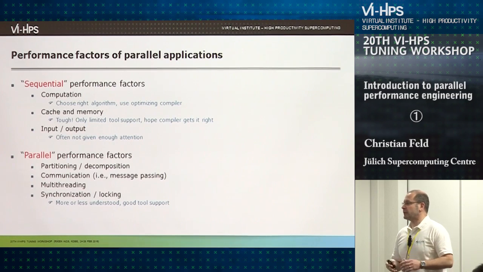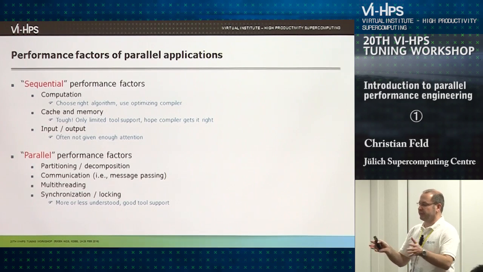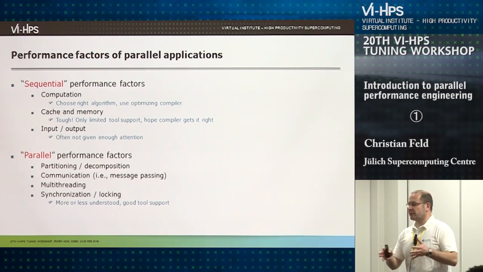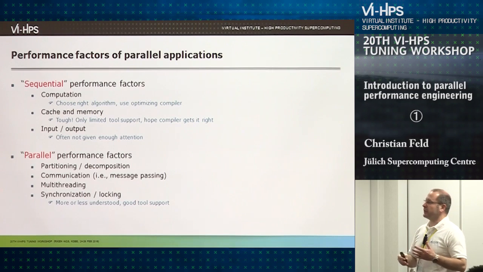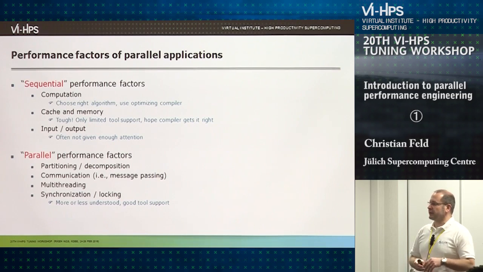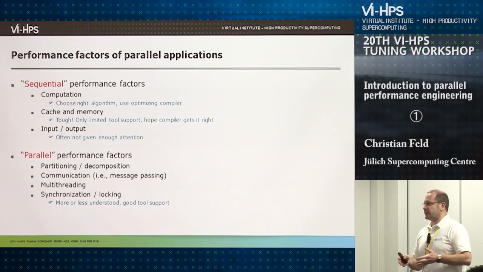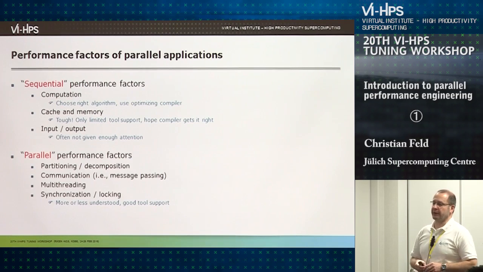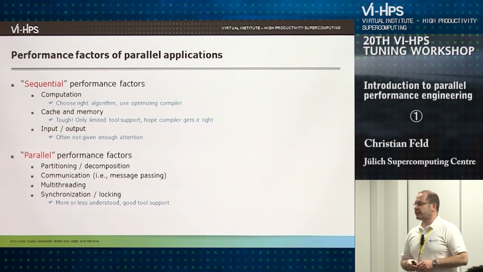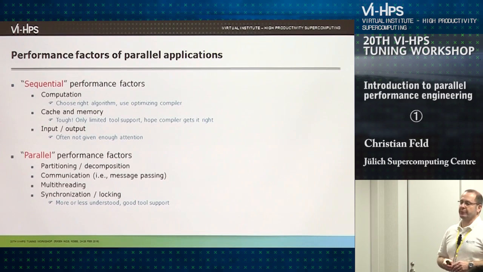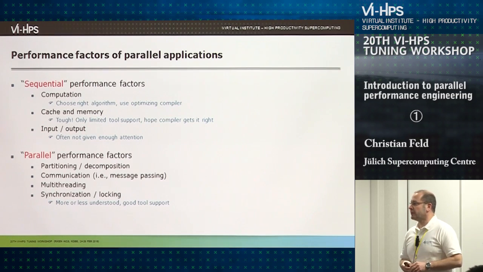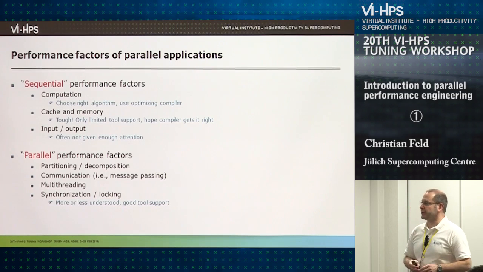For example, if you have a weather simulation, you divide your domain into several cubes, and every node is then responsible for calculating temperature and so on for its own cube, and after a time step communicates the results to the neighbor. You need to get this partitioning right so that the load is evenly balanced. Otherwise, you have some waiting time when you communicate between the nodes.